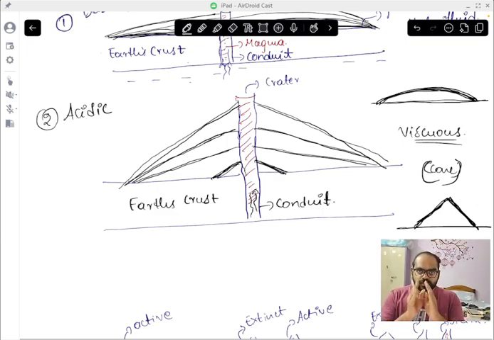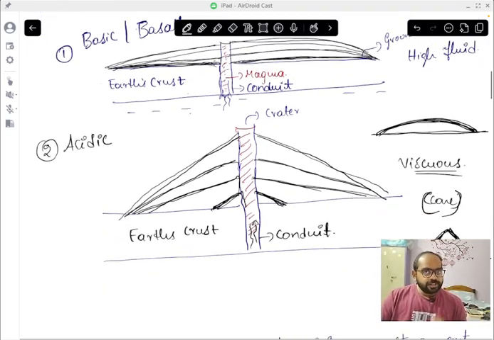Once it comes out like this, basic lavas travel for longer distances, and acidic lavas get solidified like this. It comes out and solidifies gradually, and forms into a volcano. I mean, a cone-shaped volcano.